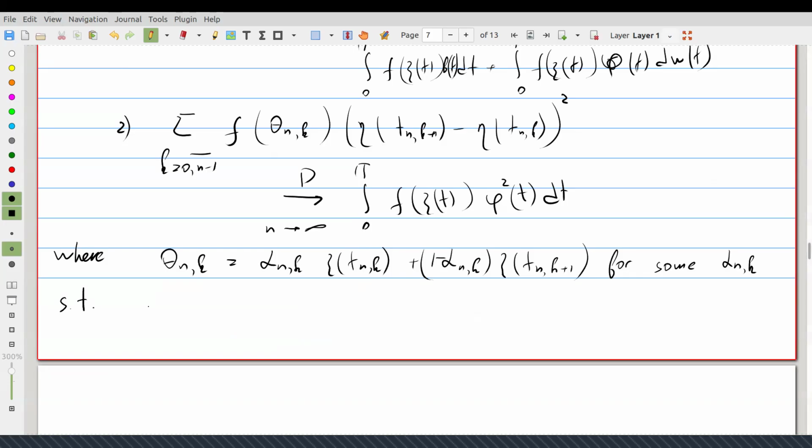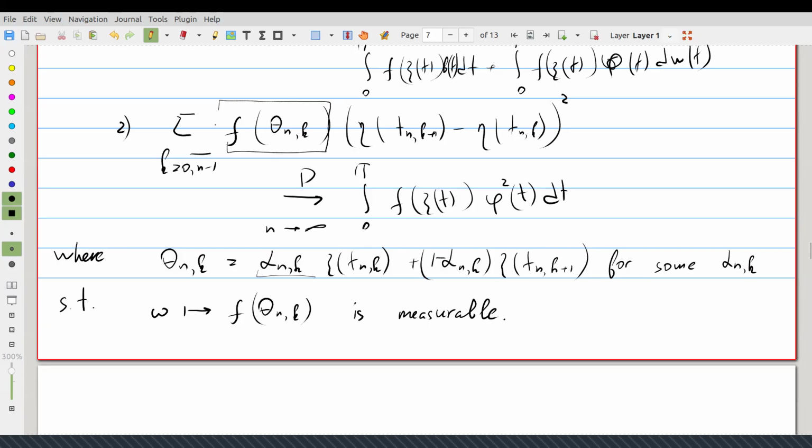this expression is measurable. So we do not assume that alpha_nk is a random variable. We do not assume that alpha_nk are measurable for all k or for any k. We just assume that the whole expression that is observed here is a random variable, and theta_nk is a combination of these two values.